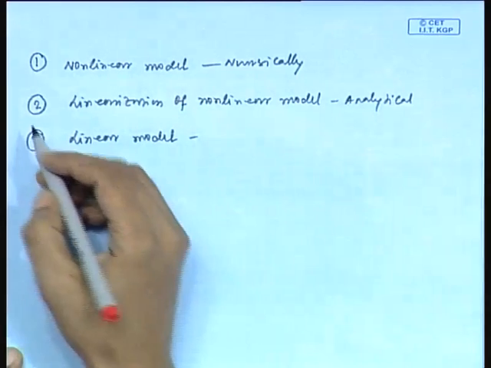So there are three options. One is development of a nonlinear model and solution by numerical techniques. Another is to linearize the nonlinear equations and follow analytical solutions. The third is to develop a linear model structure and simulate analytically, but this third option was used in the past. Nowadays it is not used due to the advancement of different mathematical techniques. This option is quite old, so we will not discuss it any more.